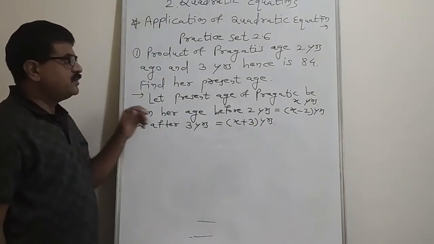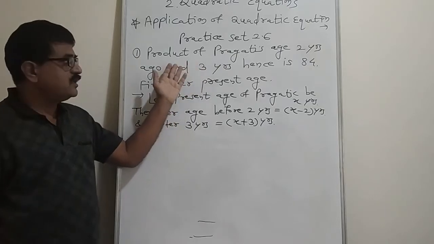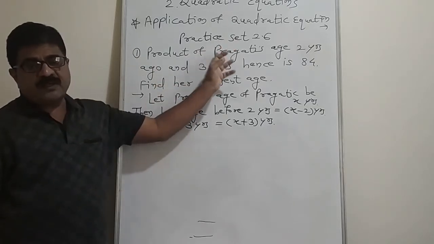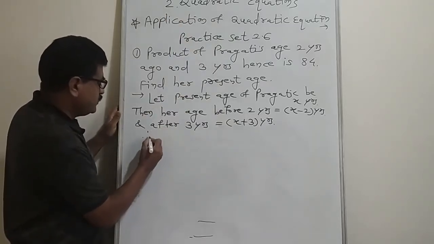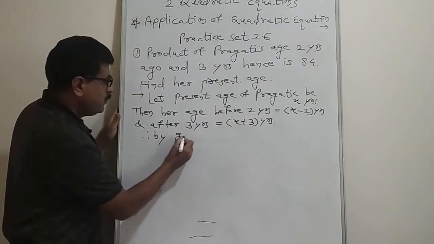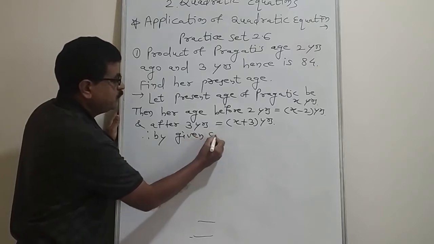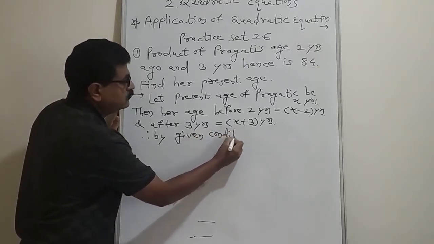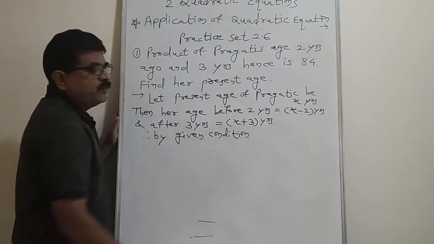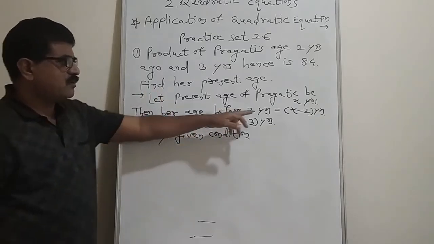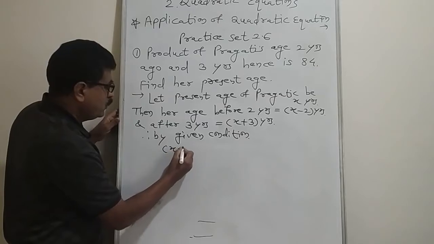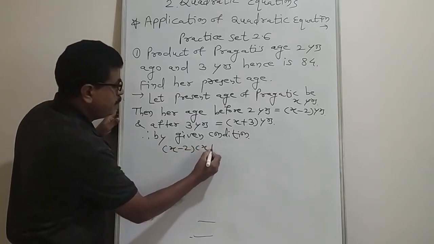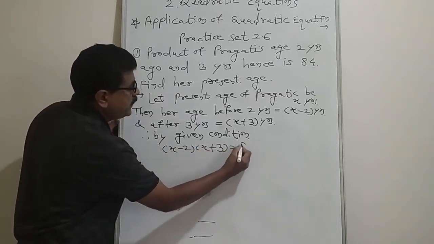Now by given condition. What is the condition? The product of their ages becomes 84. Therefore, by given condition, their product of ages, that is X minus 2 into X plus 3, is equal to 84.